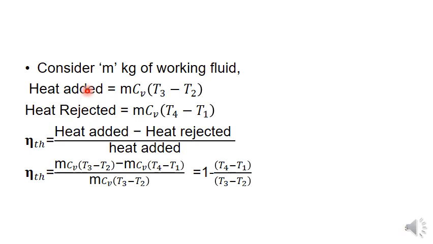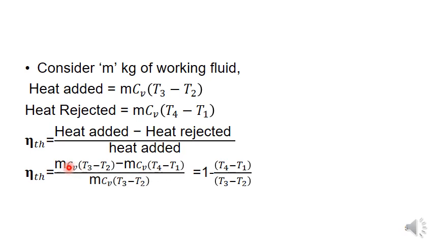So we know the heat added and the heat rejected. Simply substitute in the thermal efficiency formula. Thermal efficiency is equal to work done, output by input. Output is work done, input is heat supplied. So output I am writing as heat added minus heat rejected, divided by heat added. Substitute: m Cv (T3 minus T2) minus m Cv (T4 minus T1), divided by m Cv (T3 minus T2).